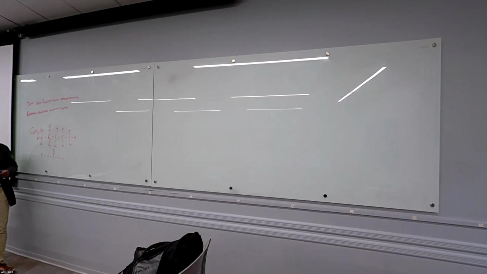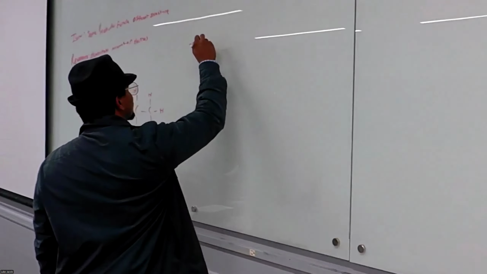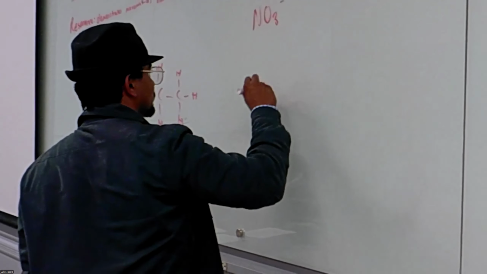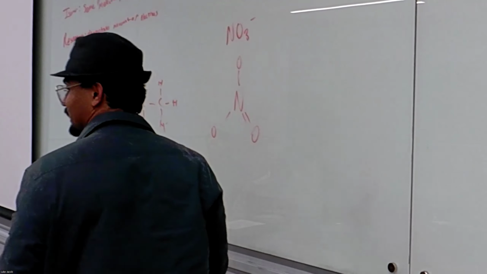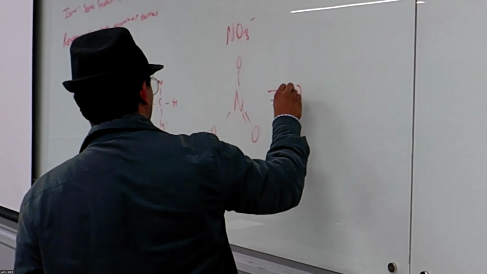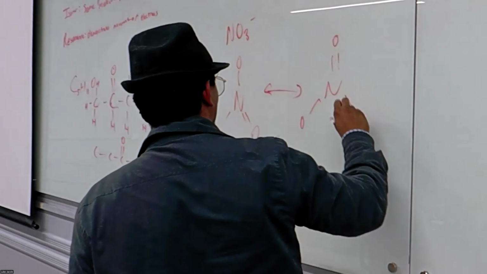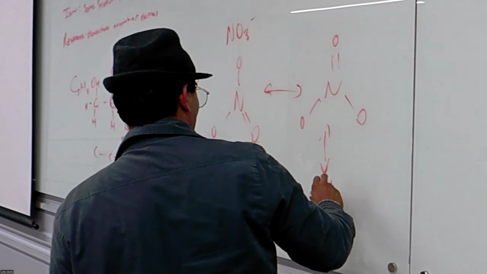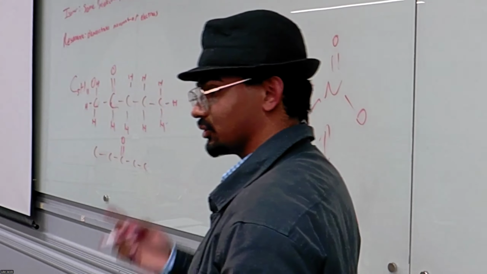For example, with resonance, nitrate was the example, right? So NO3 minus. It would be N, O, O, O, and one of them would be double bonded. A resonance structure would be N double bonded O, O, O, and then another one would be N, O, O, double bonded O. There's three resonance structures in nitrate.